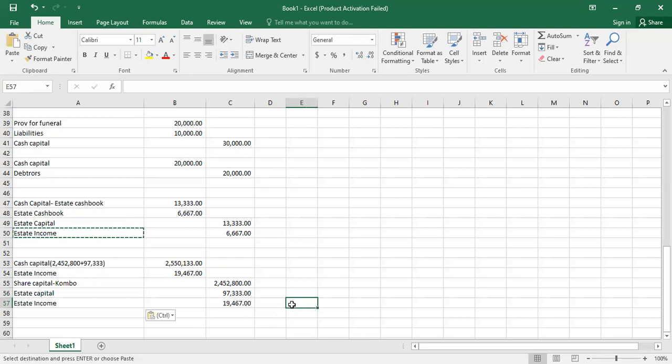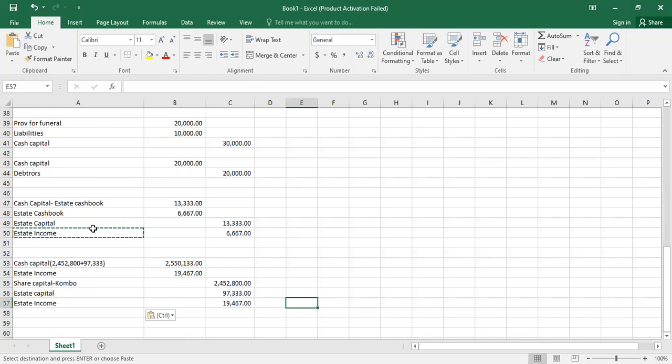So we need to go explaining why we've done that. Our last transaction was to record the interest on shares of Kombo and Company. You know how we journalize. For example, in this one, I would expect a student to tell me this is to record interest from the investment that we had done on the freehold property.